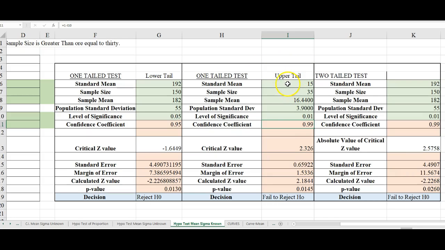So I've entered in all the data, 15, 35, 16.44, 3.9, and 0.01.